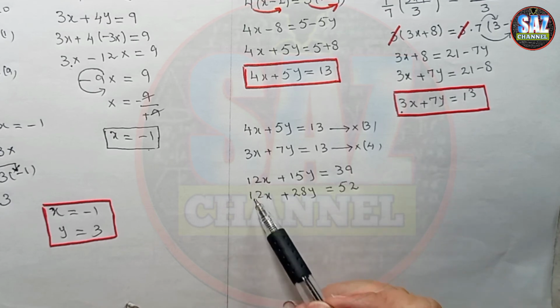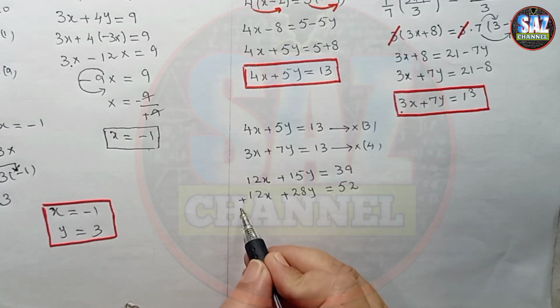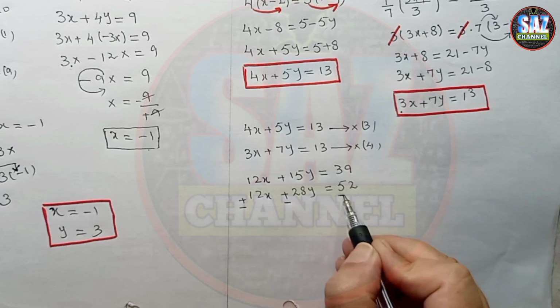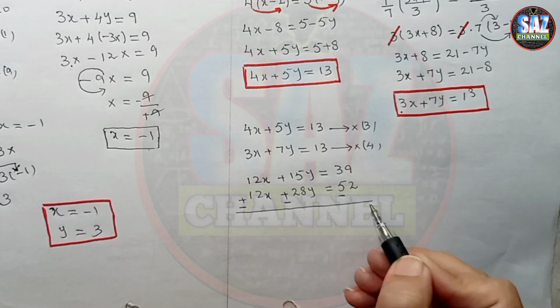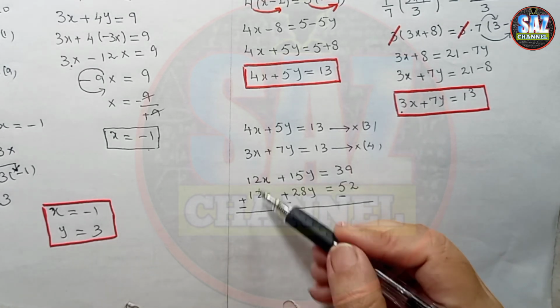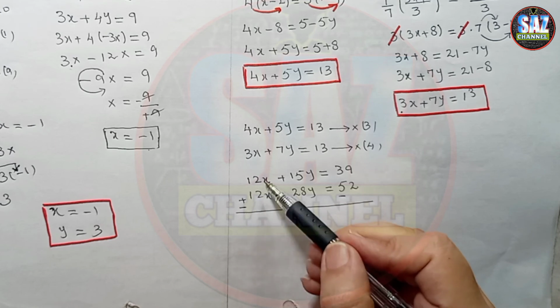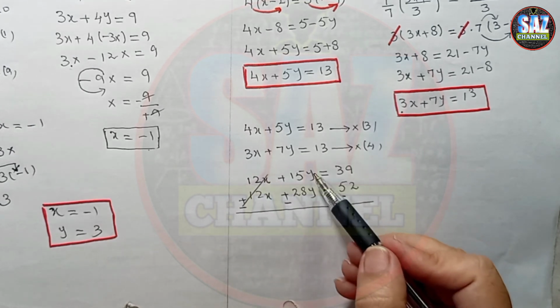Now after this, we have to observe the coefficients of x and y in both the equations. x has the same coefficient with the same sign, so we have to subtract the equations and change the sign of the second equation. When I'm changing the sign of the second equation, we can get rid of 12x at this stage, and I will be left with variable y only.